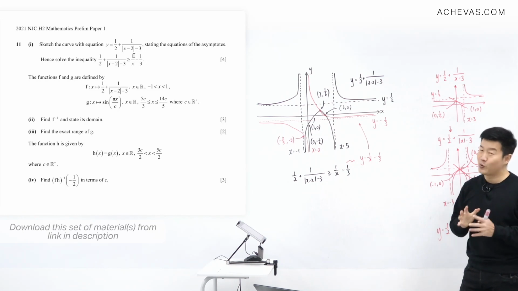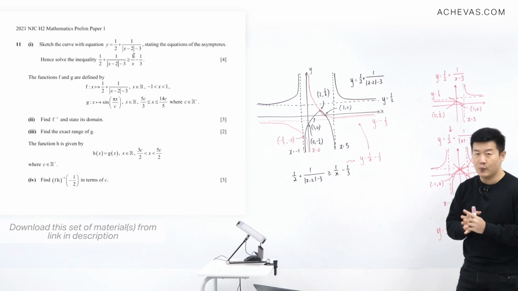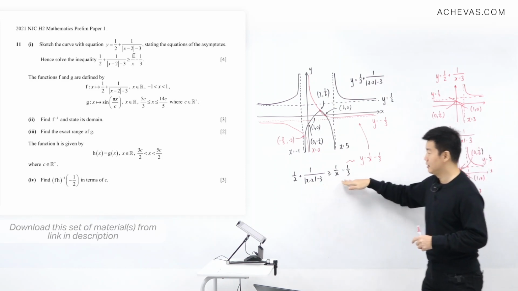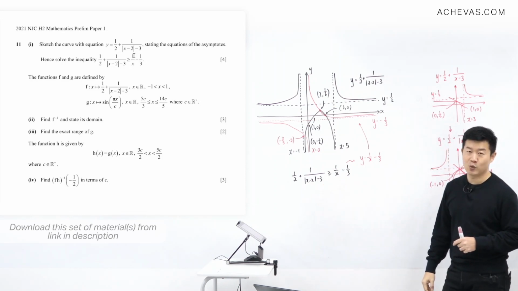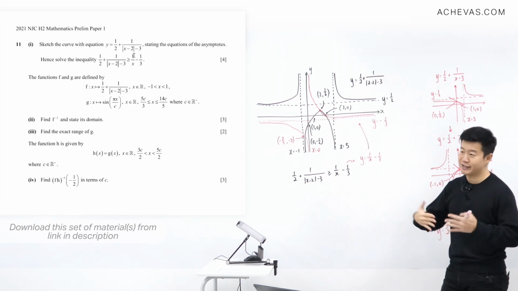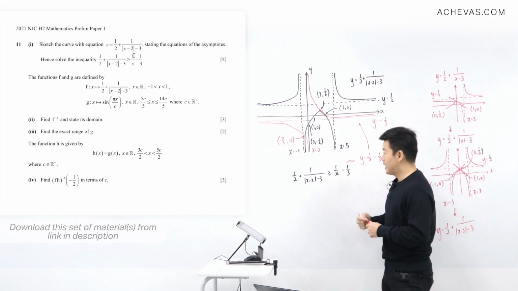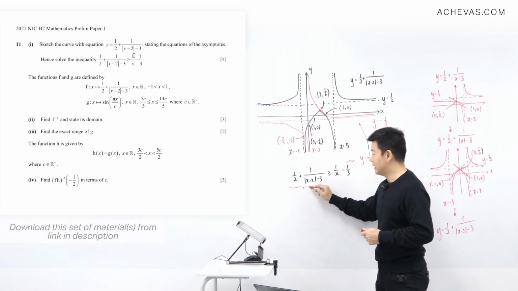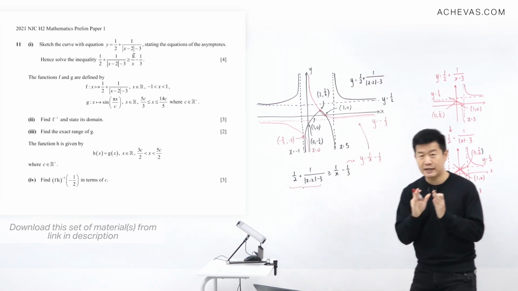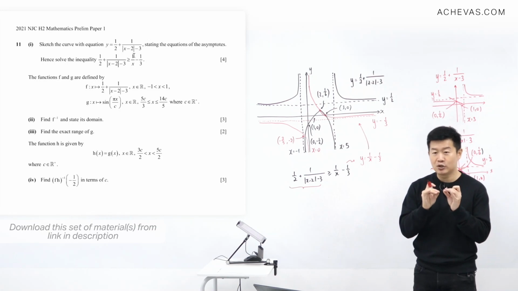And there's still one more challenge, which is to actually read this graph in order for us to answer this inequality. So what I'm going to do to help myself read this graph properly is to consolidate this into one single number to watch out for.